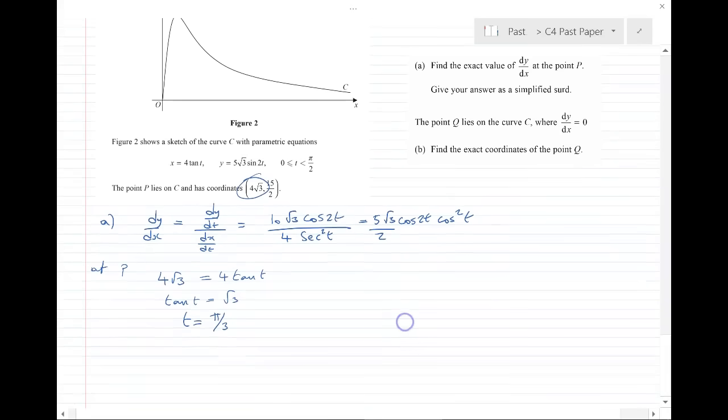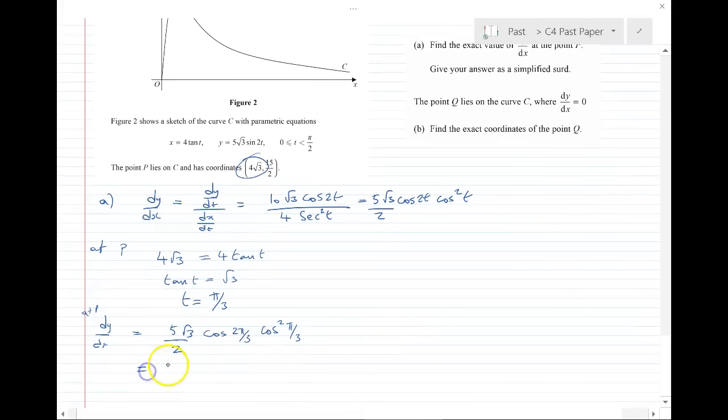So we can now put that into this expression. So dy by dx at P, again, equals 5 root 3 over 2 cos 2 pi by 3 times cos squared t, so that's cos squared pi by 3.